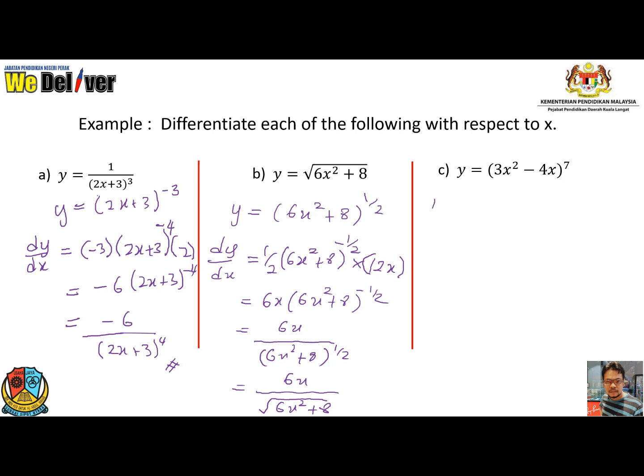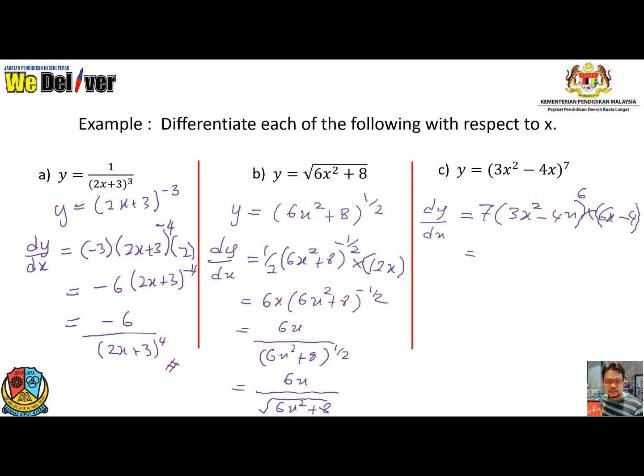Okay, for c, the function is (3x squared minus 4x) to the power of 7. So find dy/dx equals, same method, differentiate outside, put 7 in front, copy the function inside, 3x squared minus 4x, and then 7 minus 1, you get 6 to the power, and then times differentiate inside the bracket, you get 6x minus 4.